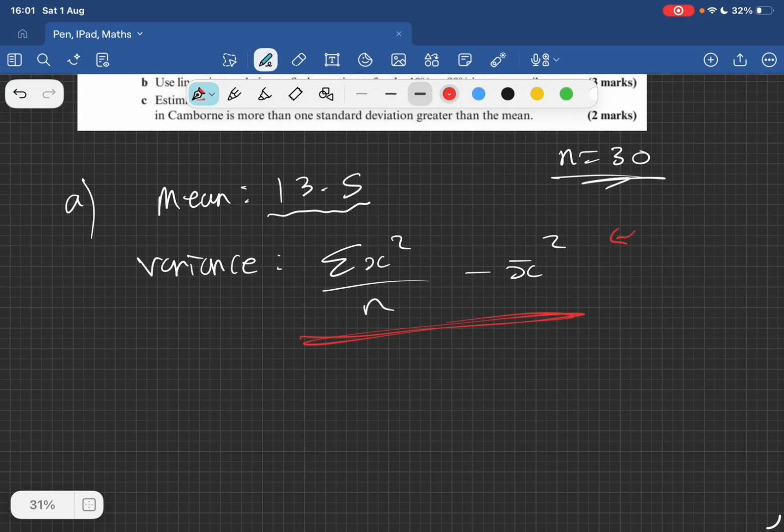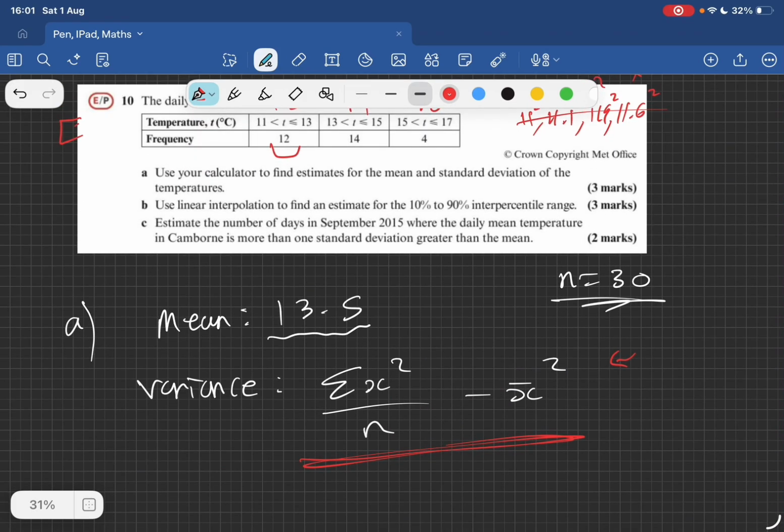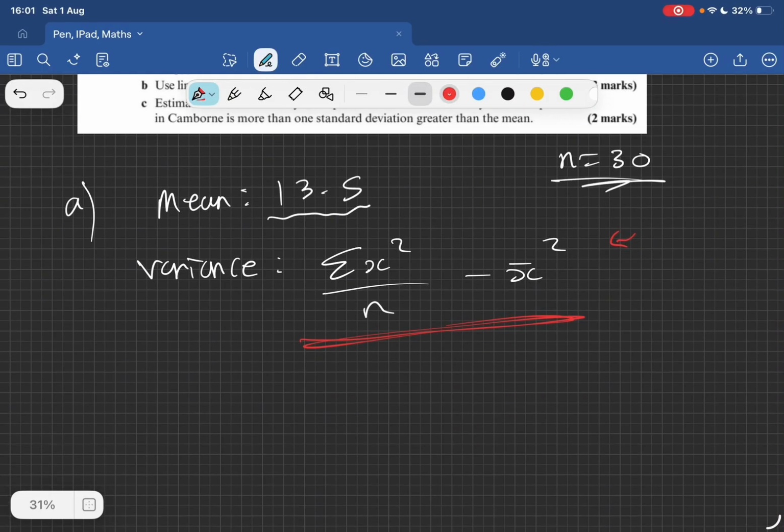So let's find our sum of our x squareds. Like I said, we've got 12 squared times 12 plus 14 squared times 14 plus 16 squared times 4. So let me start putting some of this into my formula.